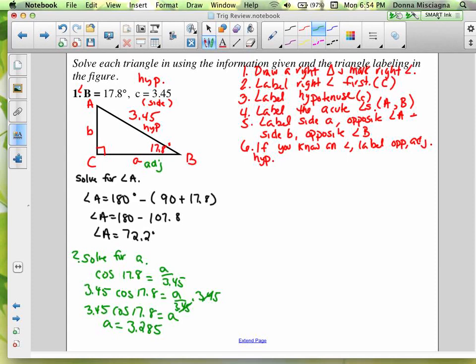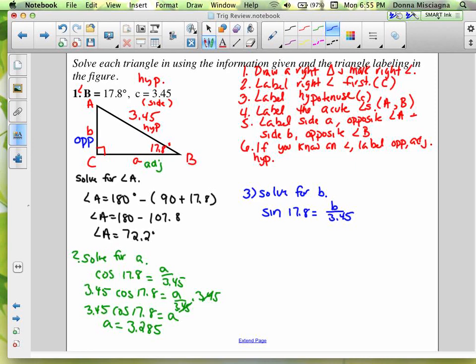Now let's solve for the other missing side. Solve for B. Relative to the angle we know, angle B, side B is the opposite side. We know the hypotenuse. Who uses opposite and hypotenuse? Well, of course, that's sine. So sine 17.8 equals B divided by 3.45.